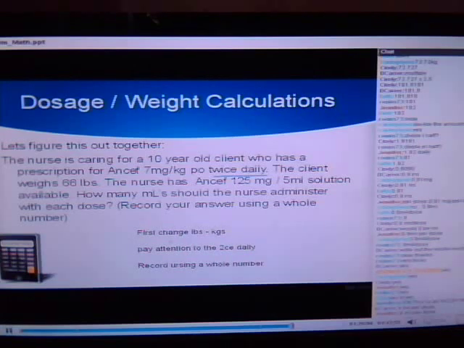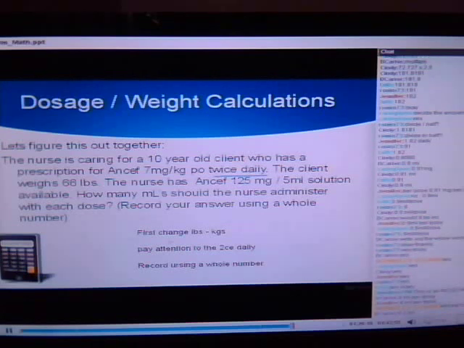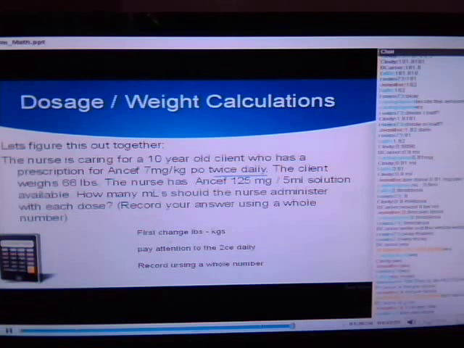Good. And people do write that. They do write 4.2 milliliters per day. But it says record your answer using a whole number. In this particular case, it said record your answer using a whole number. If it doesn't tell you to do that, do not do it.